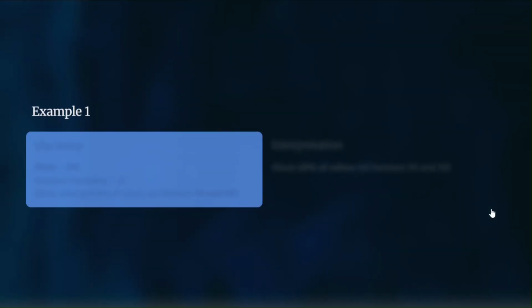Let's look at our first example. In this case, the mean is 100 and the standard deviation is 10. And we want to find about what percent of values are between 90 and 110. Well, in order to figure this out, we would need to calculate how many standard deviations from the mean the values 90 and 110 are.